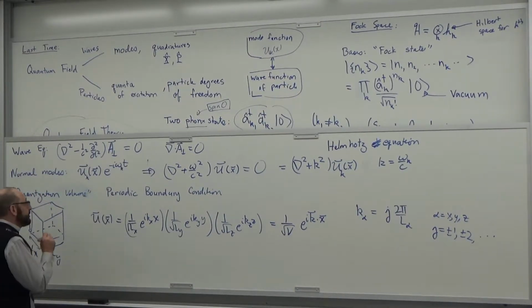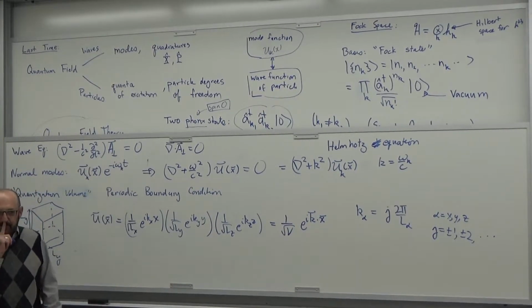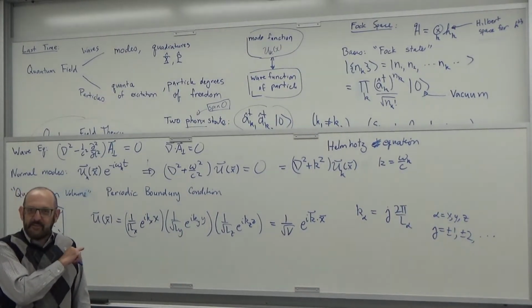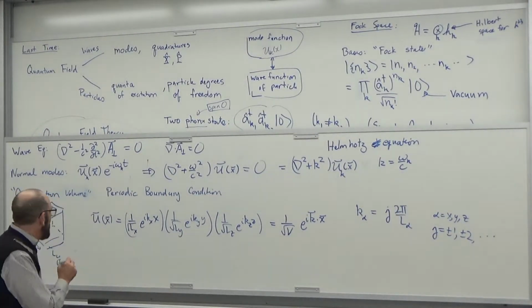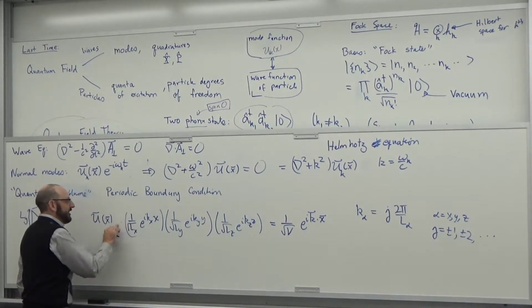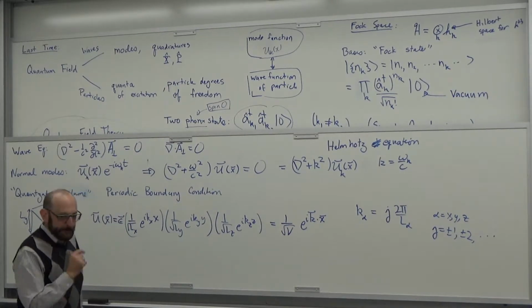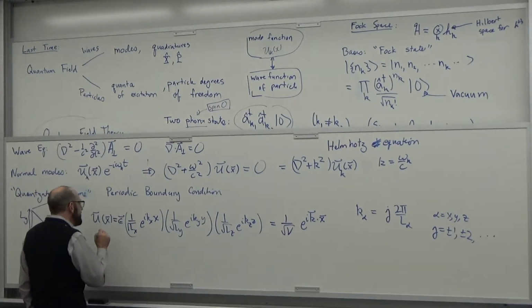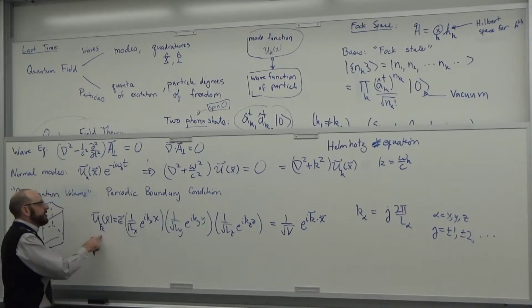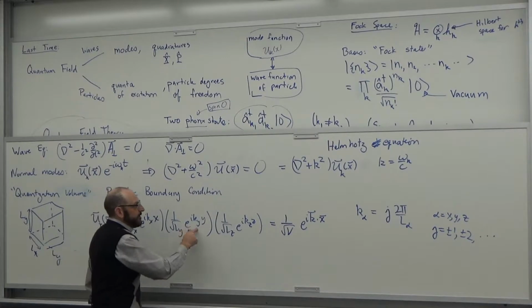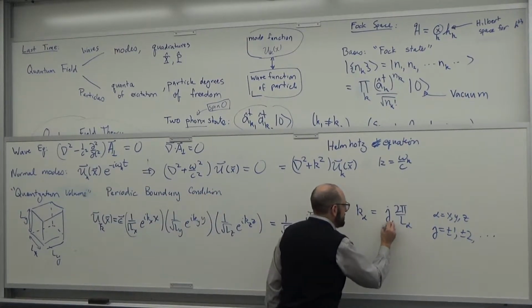They're now specified. Oh, wait a minute. This is a vector, and these are scalar functions. So somehow I need a polarization here, right? And that polarization vector, we'll come back to it. Well, these modes are now specified by these 3 numbers for each j, right?